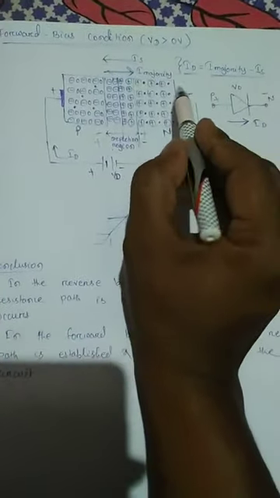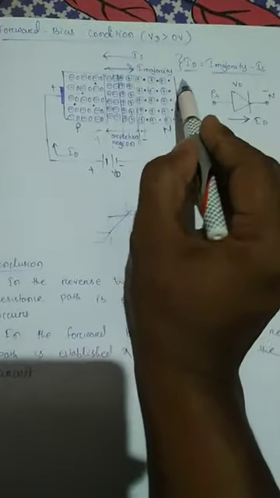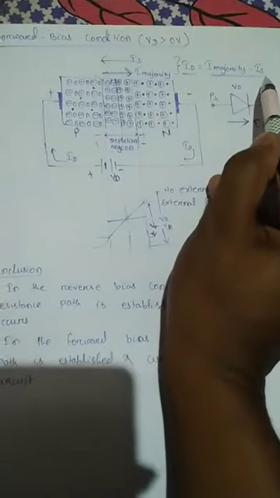So in forward bias condition, the diode current equals I majority minus Is: the current due to the majority charge carriers in this direction and the current due to the minority carriers in this direction. So the diode current is Id equal to I majority minus Is.